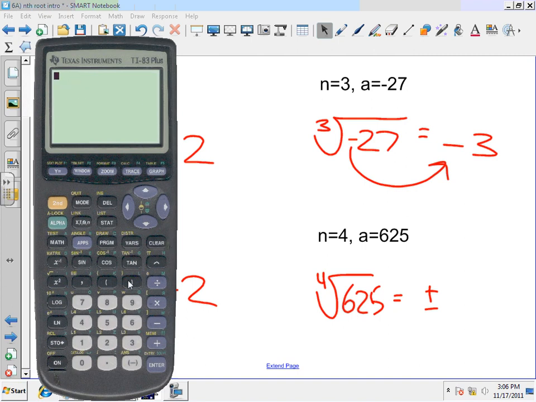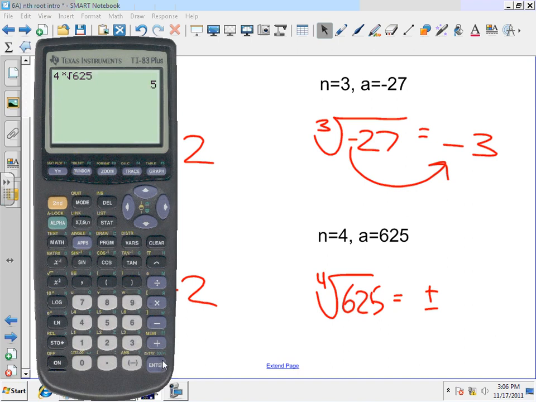I'm going to start with 4, the 4th root, and I'm going to hit the math key and scroll on down to x, and then you see the radical sign, option number 5. So that is the index key. I pull it up, and you're basically telling the calculator, find the 4th root of x. Now, some of you have the TI-84 or so forth, and that little 4 might show up in the index position. That's fine. And then from here, you just type in 625, telling the calculator, find the 4th root of 625, hit enter, and we get 5.